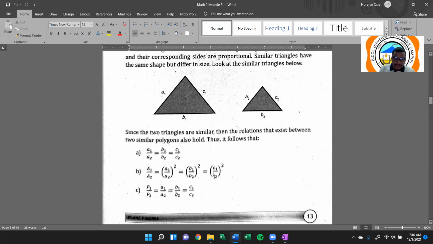Next, the ratio of the areas of two similar triangles is equal to the square of the ratio of the corresponding sides of the two triangles. And lastly, letter C, the ratio of the perimeters of the two similar triangles is equal to the ratio of the corresponding sides of the triangles.